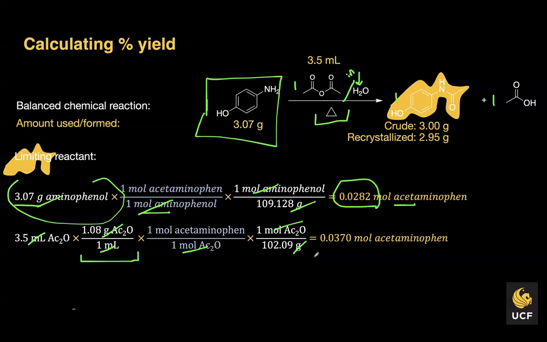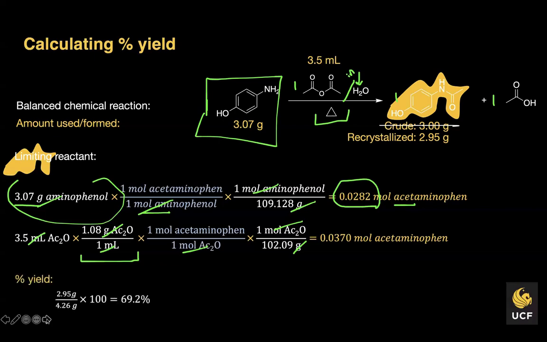And percent yield is experimental over theoretical. We have two. We have the crude product and we have the recrystallized product. Well, the crude product we don't use to calculate the percent yield, right? Because the percent yield is the final amount that we have after purification and everything. So it would be the 2.95.